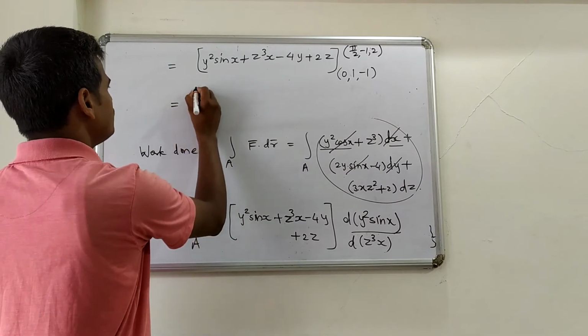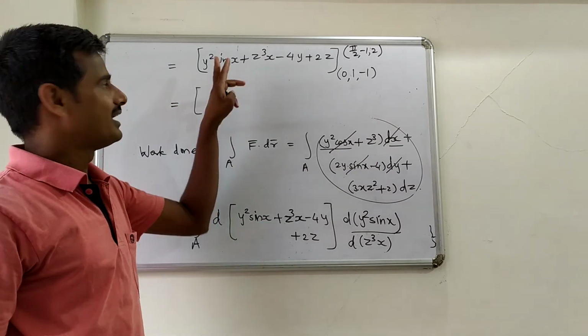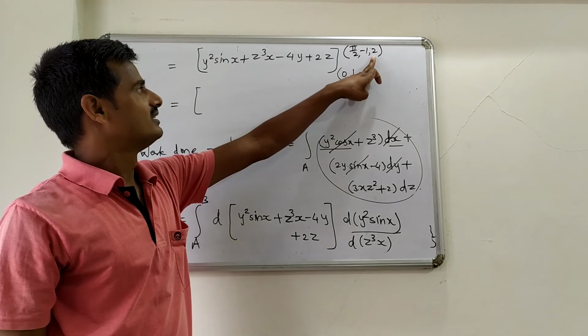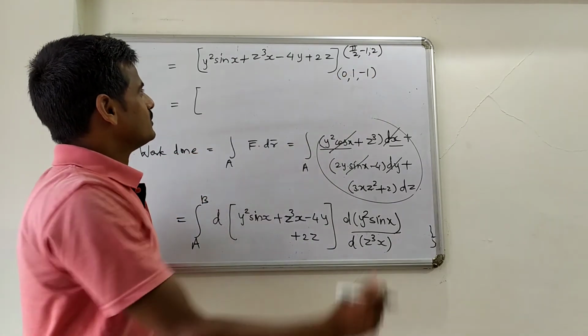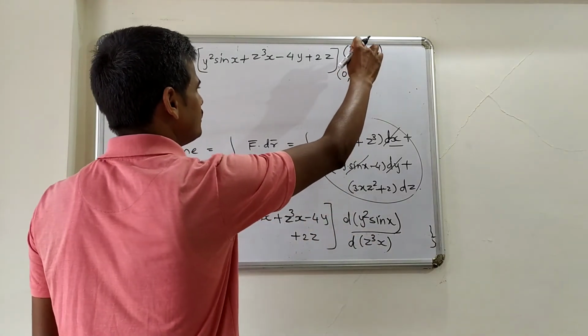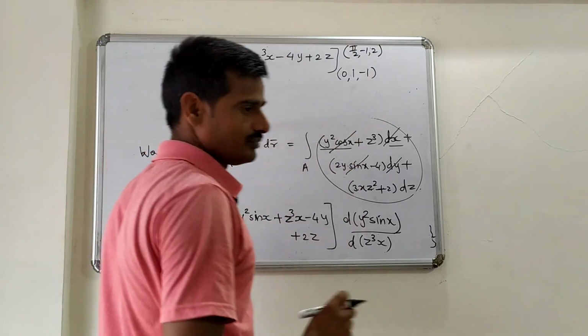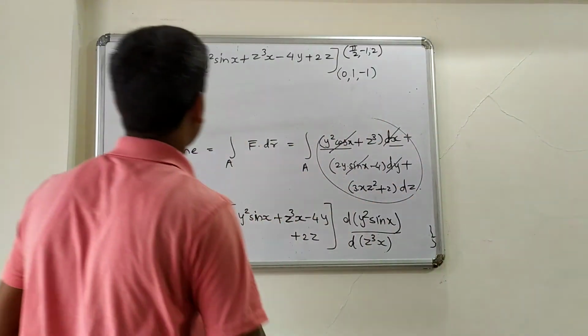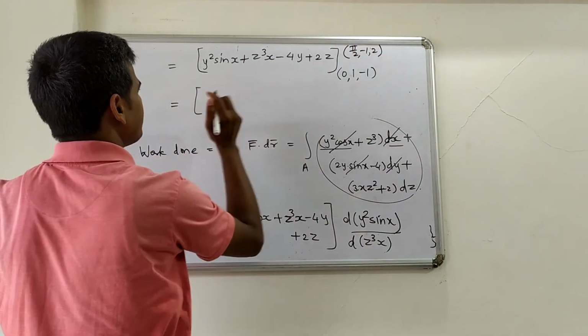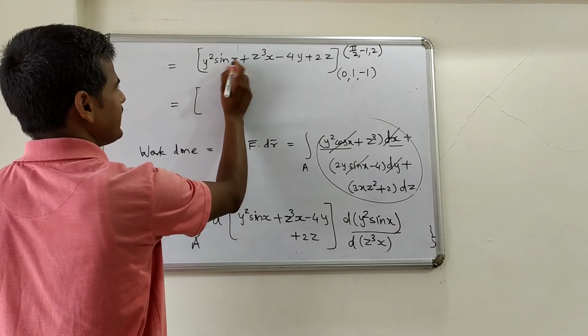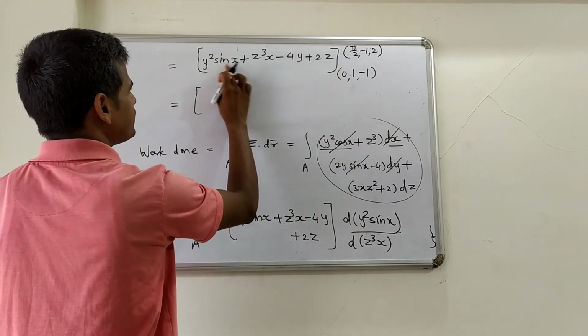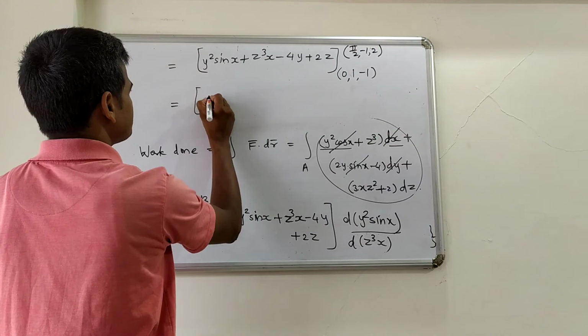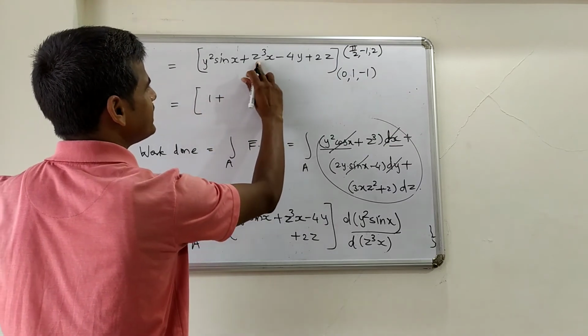So it is equal to upper limit minus lower limit. Calculate the value of this expression for the upper limit. When x is equal to pi by 2, y square sin x: y square is 1, sin pi by 2 is 1, so this is 1 plus z cube into x.